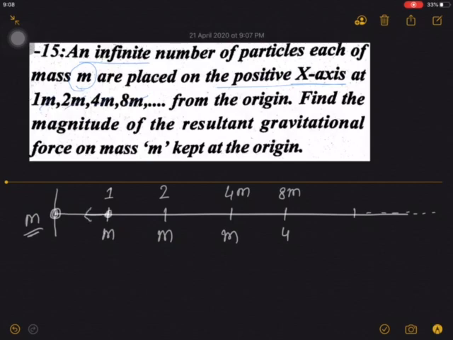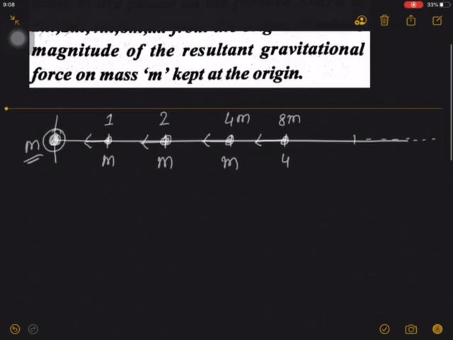See, this m will attract this m also, the force will act in this direction. This m is also attracted by this one, and this m is also attracted. All the forces acting on this m are towards the same direction.